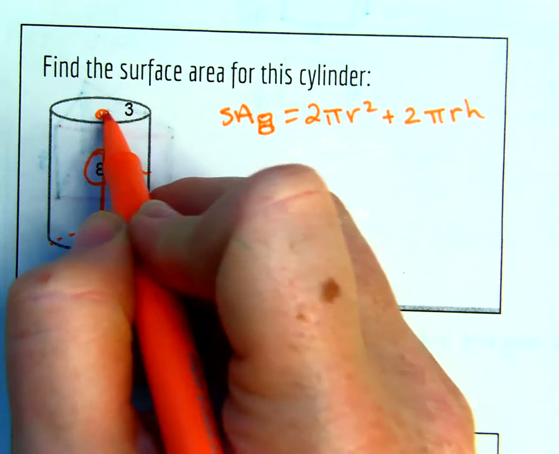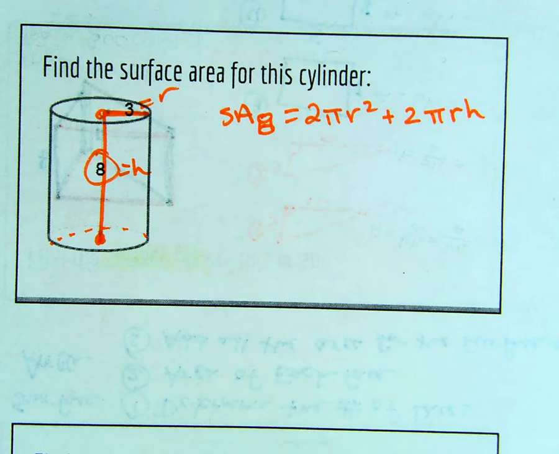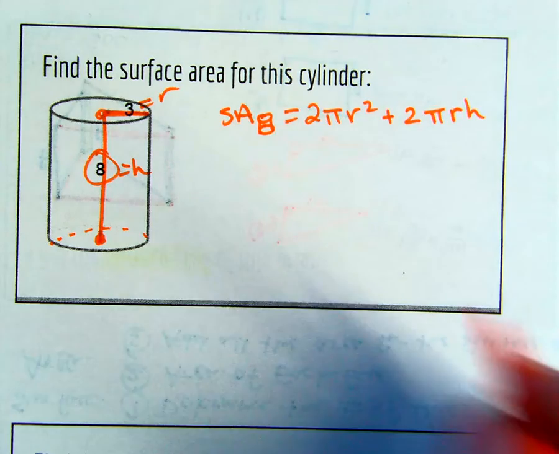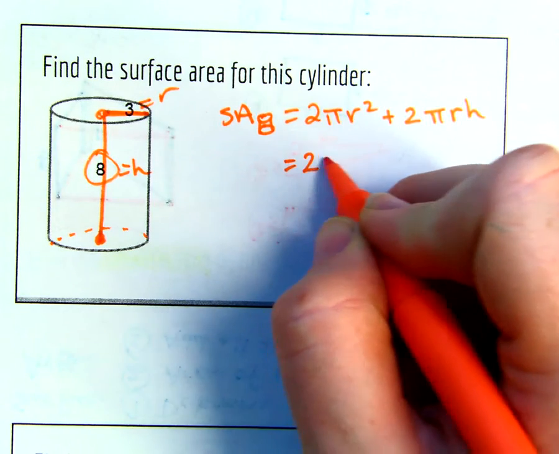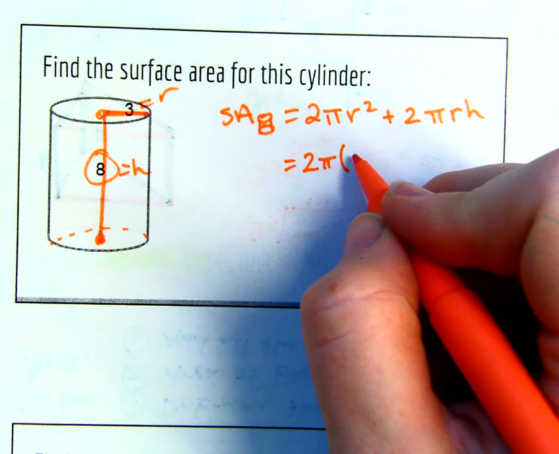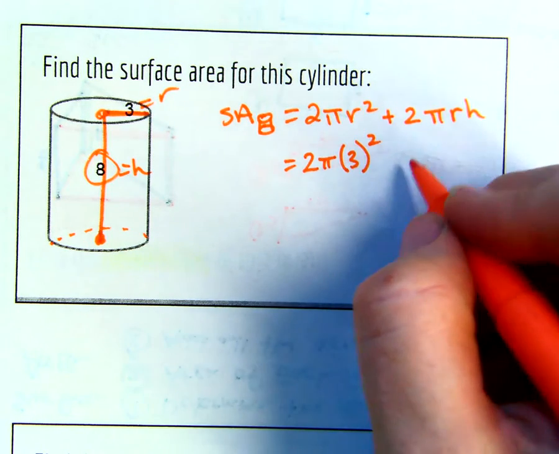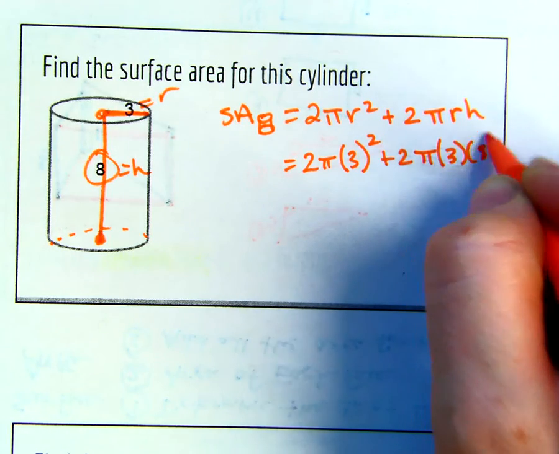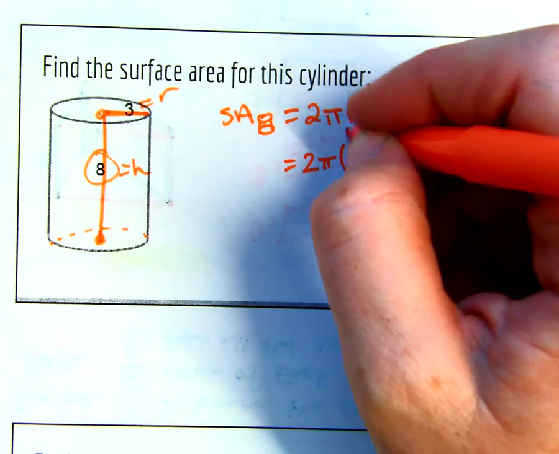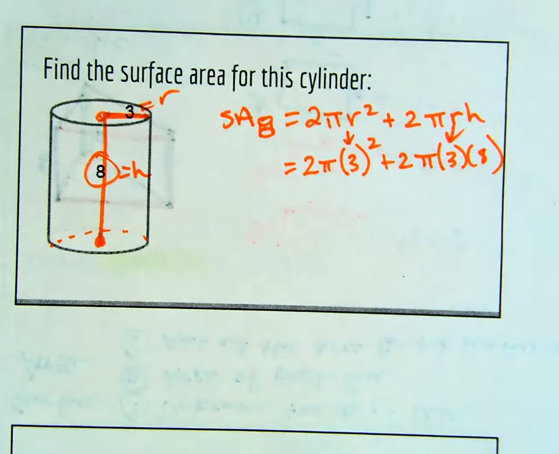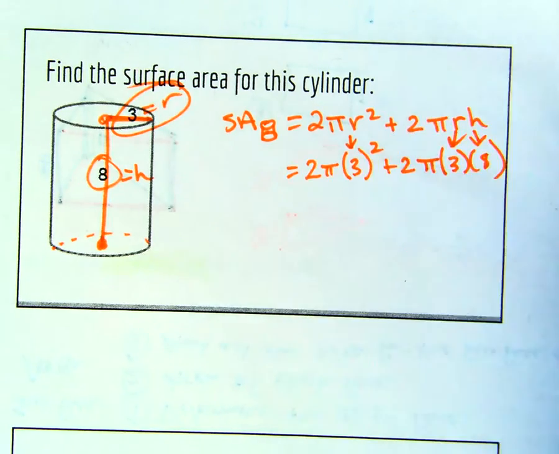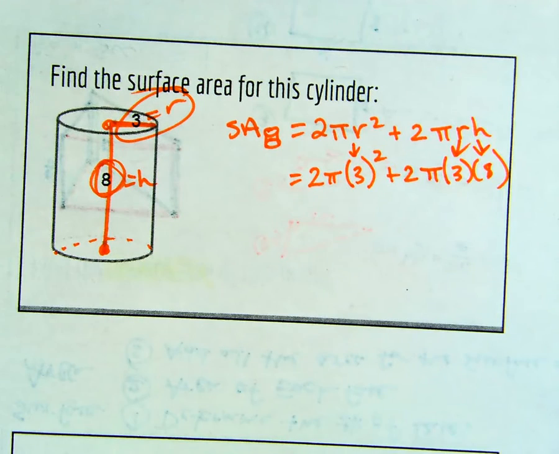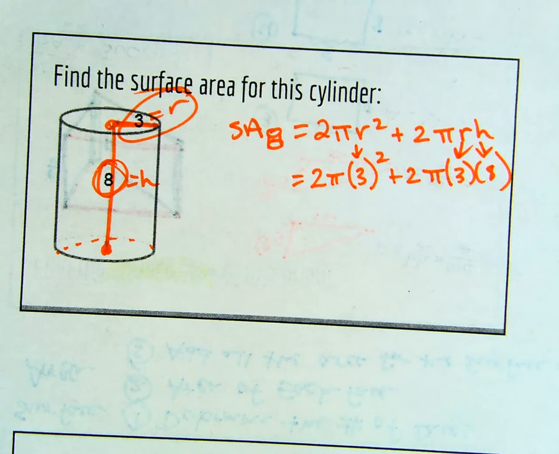And radius is going to be this length right here, which is 3. So, talk about quick and easy. We just do 2 pi times 3 squared plus 2 pi times 3 times 8, where I'm replacing all of the r's in the formula with whatever r equals, and I'm replacing h with whatever the height of the cylinder is.